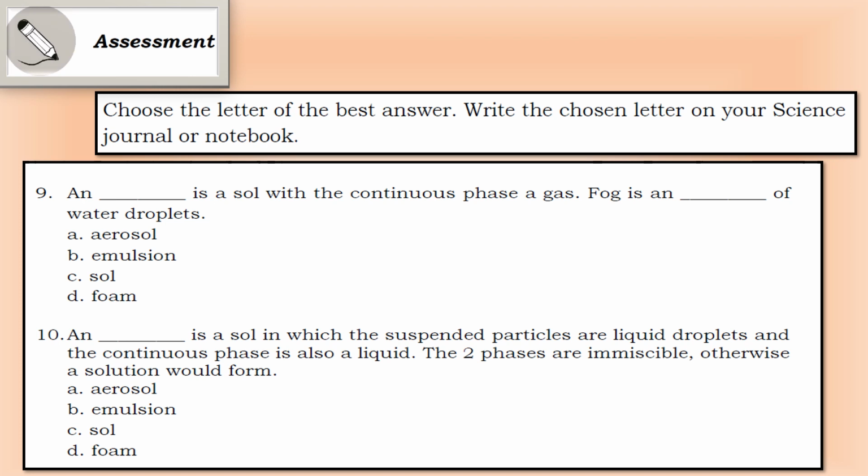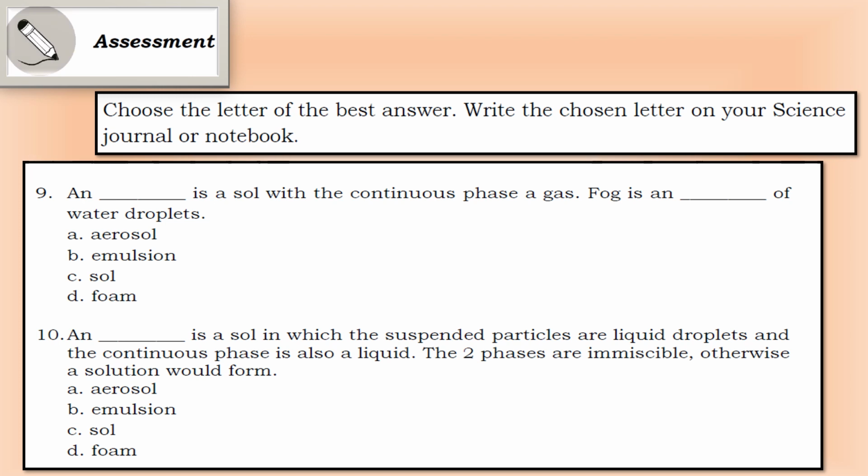Number 9. An blank is a sol with a continuous phase of gas. Fog is an blank of water droplets. A. Aerosol. B. Emulsion. C. Sol. D. Foam. Number 10.